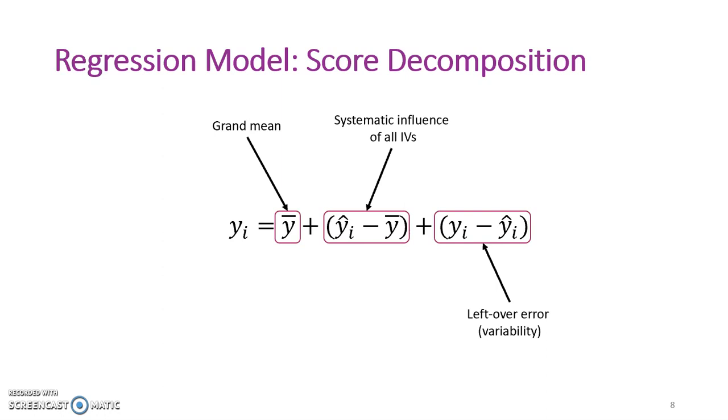And that is the difference or the distance between the observed score and the predicted score. Each of these three plots is shown in this score decomposition.